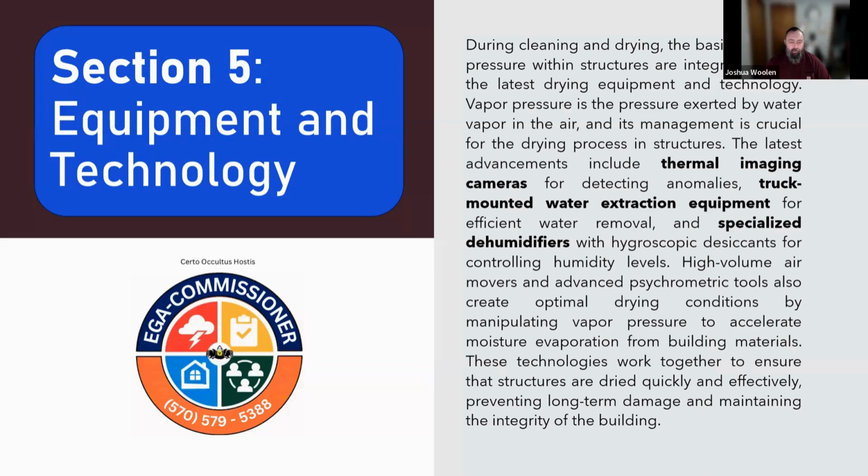And they can capture the imaging for dehumidifiers, air movers, and how the psychrometrics are working out within our drying structure. And it can quickly and effectively prevent long-term damage, which is truly, as a restorer or a cleaner, you don't ever want to be the one that causes long-term permanent damage, right? But anyhow, preventing long-term damage, right?